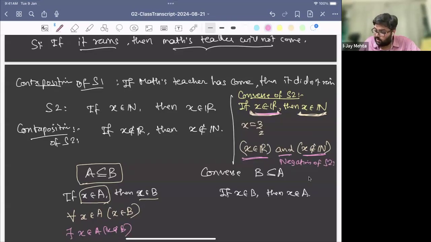Okay, the given condition is satisfied, and the conclusion is not achieved, right? So then we say it's a negation. Is it clear, all of you?